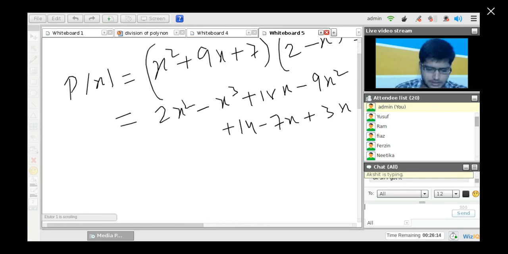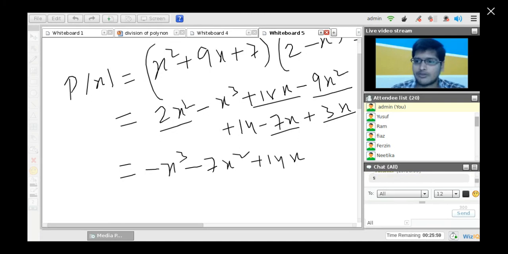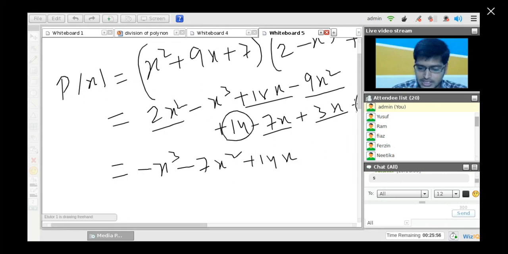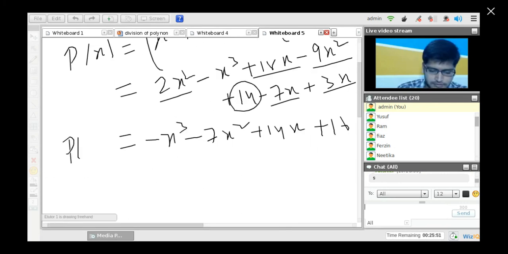That is nothing but minus x cube, 2x square minus 9x square is minus 7x square, and 18x minus 7x plus 3x is plus 14x if I'm correct. Everyone check my calculations. I may go wrong at times. I'll verify whether you are attentive or not. Guys, check it. If there is anything wrong, let me know. And this is p of x.